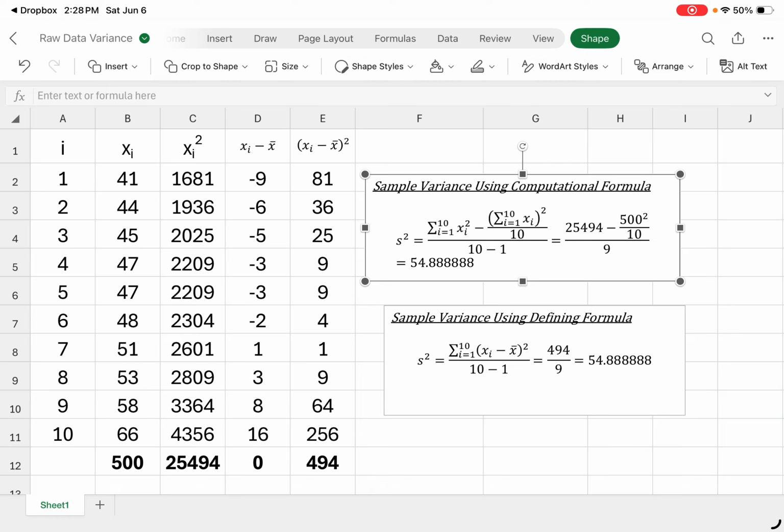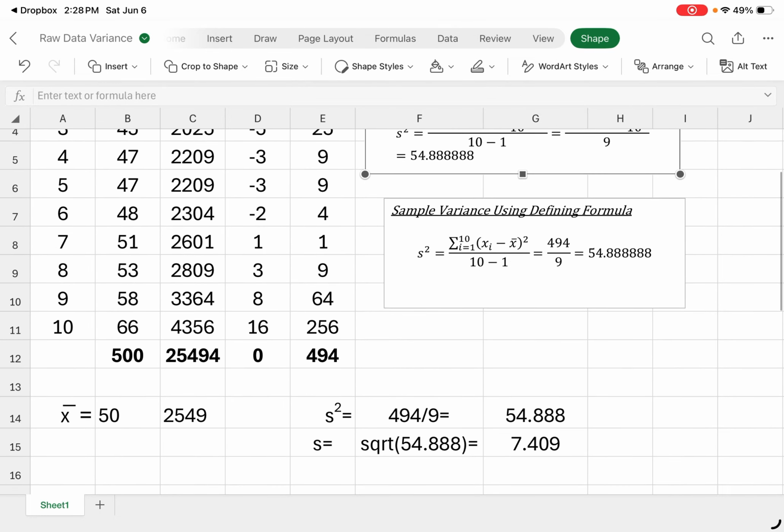And then if you have those two numbers in addition to little n, which is 10, then you can use the sample variance formula as you see there. And that's a little bit more computational friendly, which is why that's the formula given on the formula sheet. And so now that we've calculated the sample variance, we just need to take the square root, and that will give us the sample standard deviation.